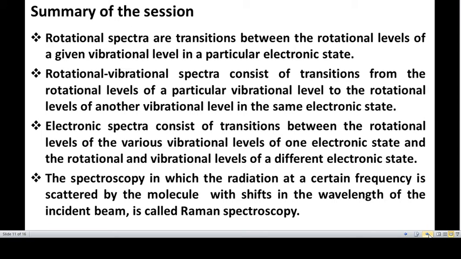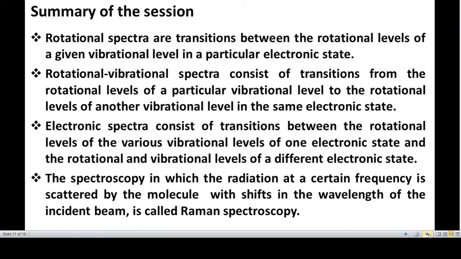The overall session summary is this. The rotational spectra are the transitions between rotational levels of a given vibrational level in a particular electronic state. Rotational vibrational spectra consist of transitions from the rotational levels of a particular vibrational level to the rotational levels of another vibrational level in the same electronic state.